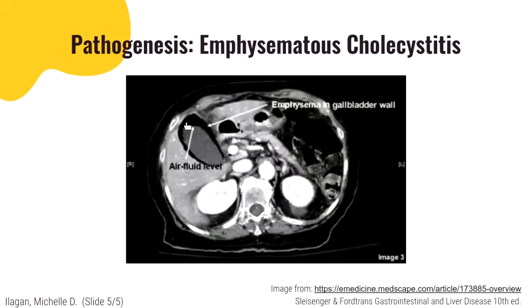It is either fluid or gas that is surrounding the gallbladder. Okay po, Doc. Air fluid level refers to something else, as in small bowel obstruction. Thank you po, Doc.